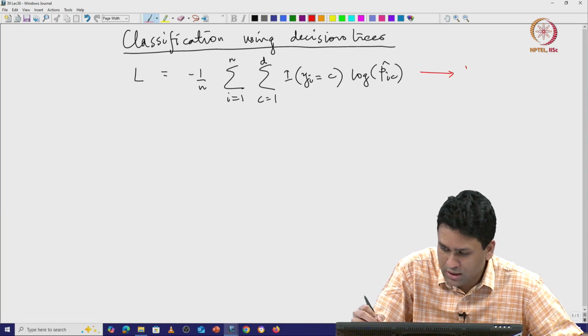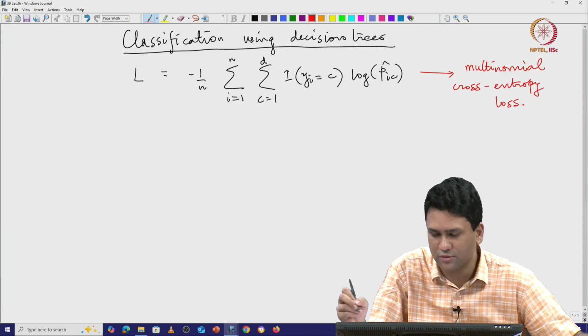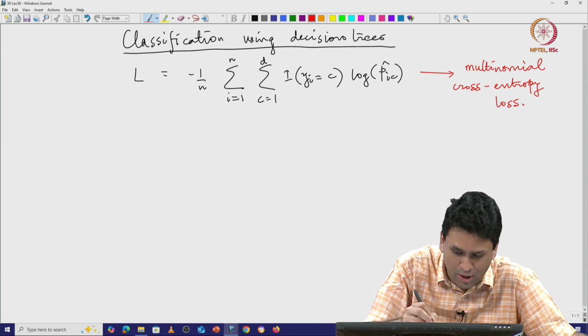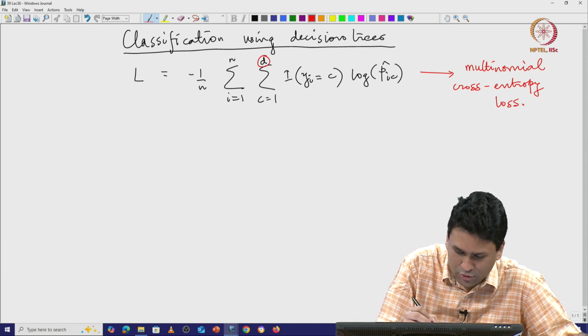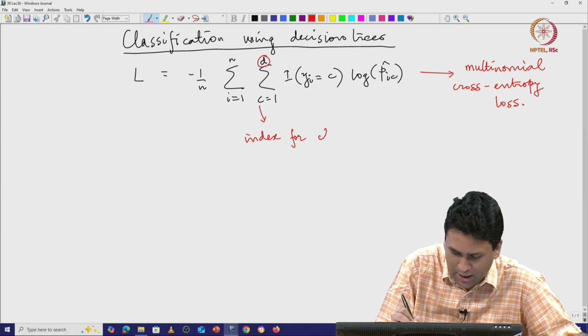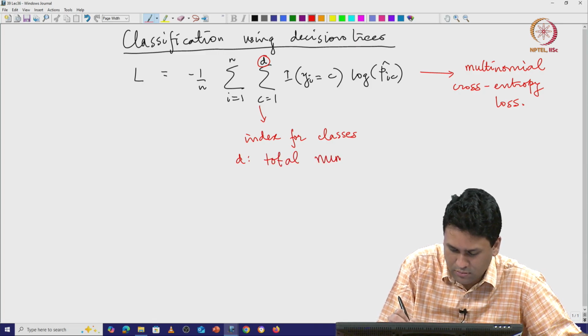So this is the multinomial cross entropy loss, which is a generalization of the binary cross entropy loss wherein you have just two classes. So D is equal to 2. So this is the index for the classes and D is the total number of classes.